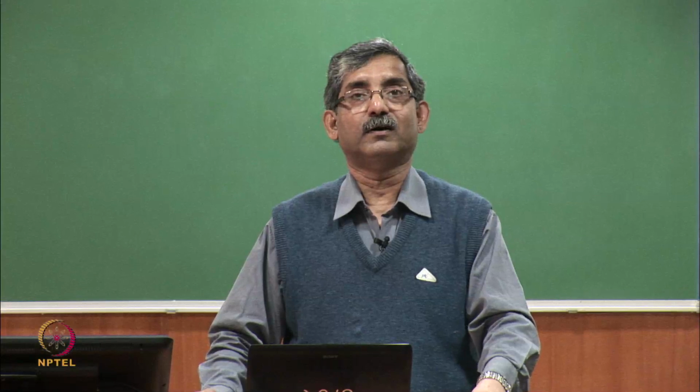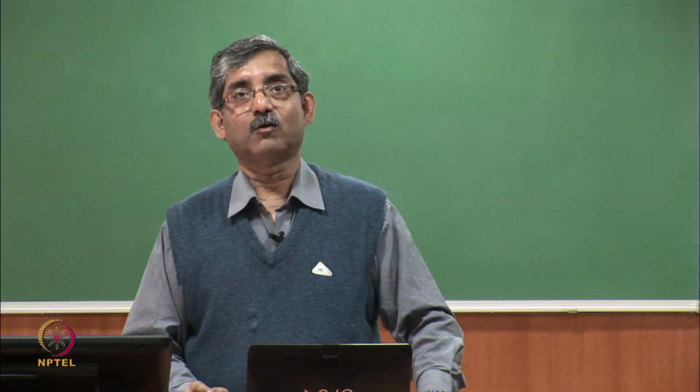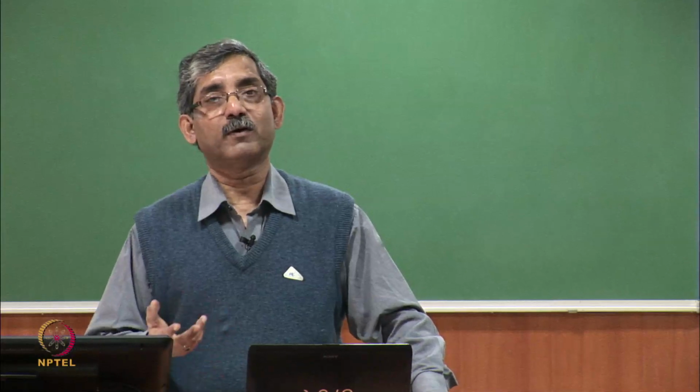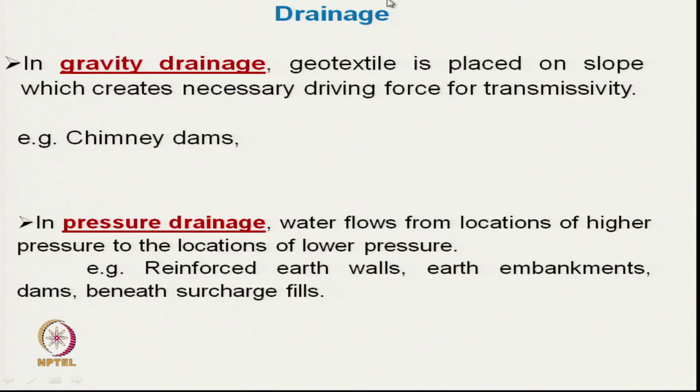Transmissivity of, say, spun bonded heat sealed non-woven fabric or woven fabric is very low. So, drainage applications are of two types: gravity drainage, where geotextiles are placed in a slope and water flows through the geotextile by gravity.